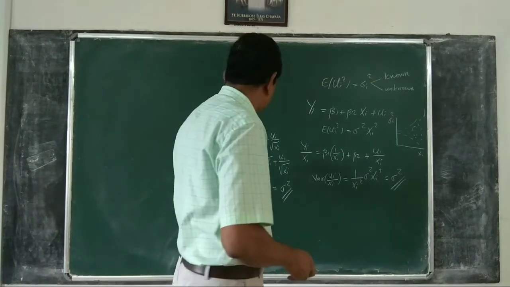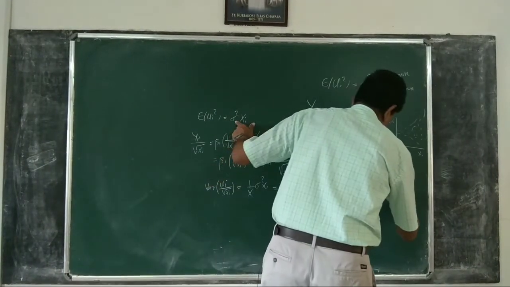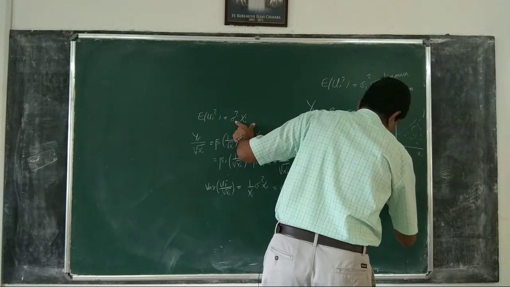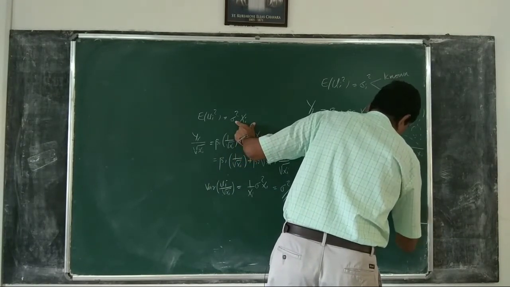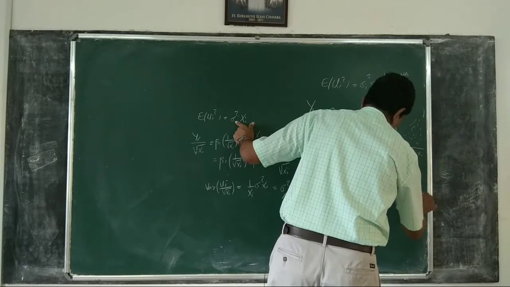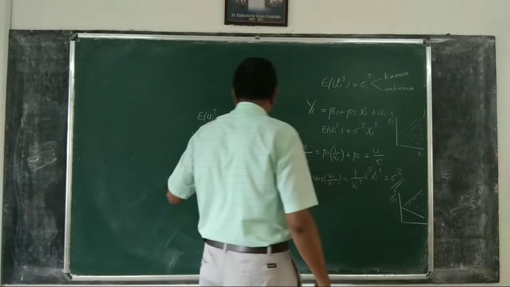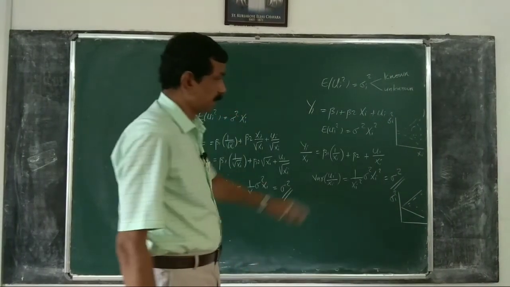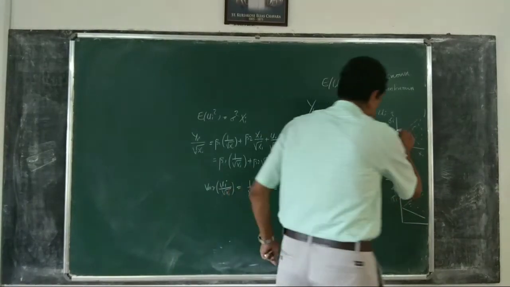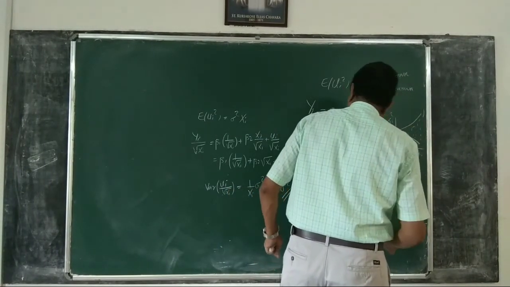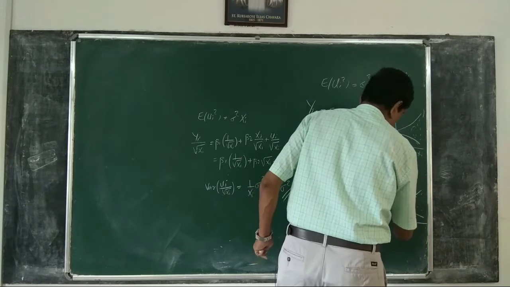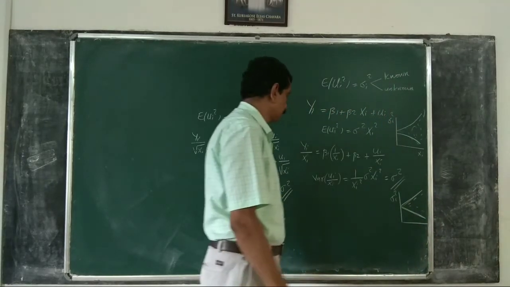If you plot the pattern, note that the square of xi increases non-linearly, while if it is proportional to xi, it increases linearly, like this.